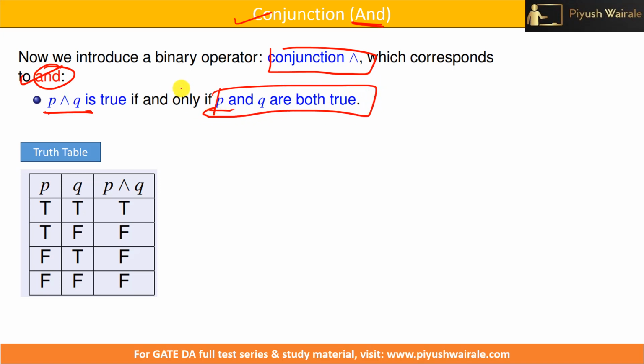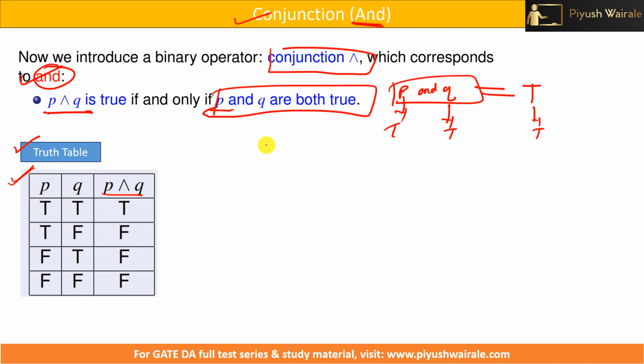So P and Q will become true only when P is true and Q is also true. Then we can say P and Q is true. This is a truth table to verify that. When P is true and Q is true, P and Q is also true. Here you can see P is false and Q is true, then we can say P and Q is false, right? So this is a truth table. You need to understand this.